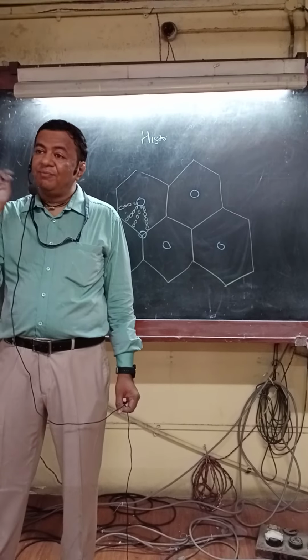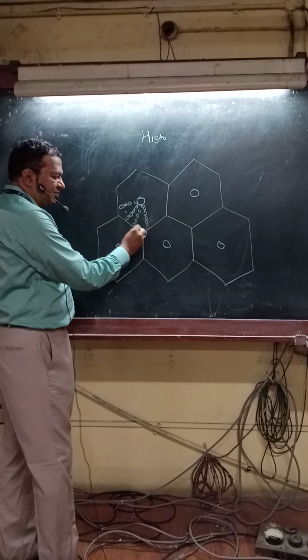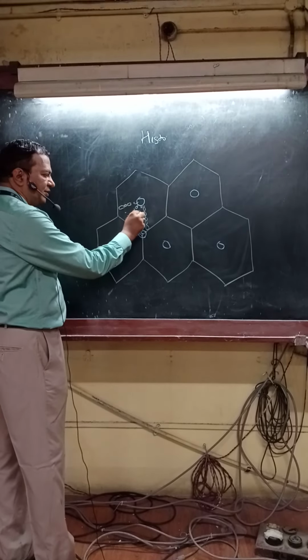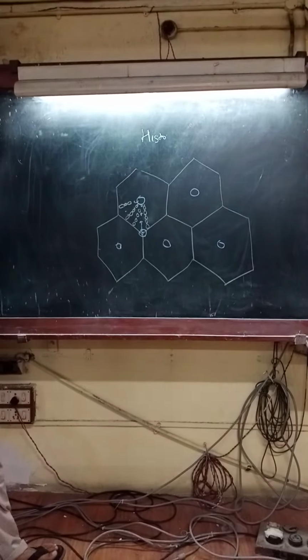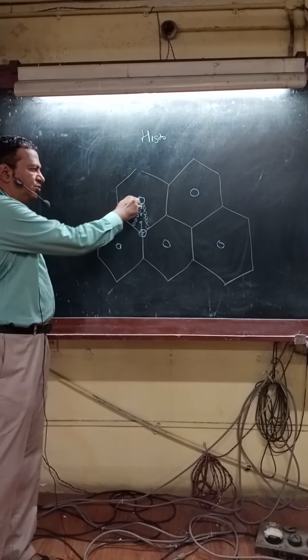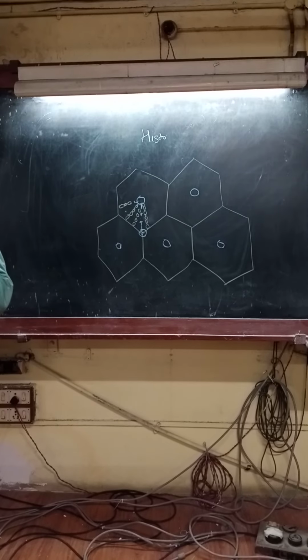The branch of the portal vein will release the blood here. The hepatocytes will absorb the nutrients from this blood, and then the blood goes to the central vein. Central veins unite to form the hepatic vein, which joins the IVC.